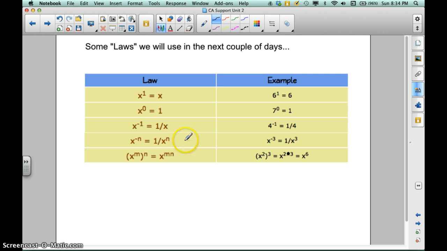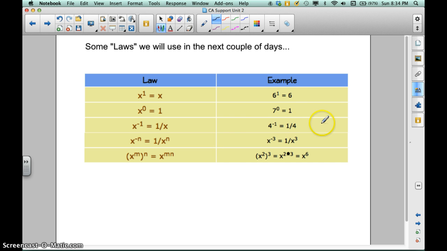These next two are related. It's the negative exponent rule. It says that anything to the power of a negative number is equal to 1 over that thing to the positive power. So it's going to be important when working with exponents that an answer never contains a negative exponent.